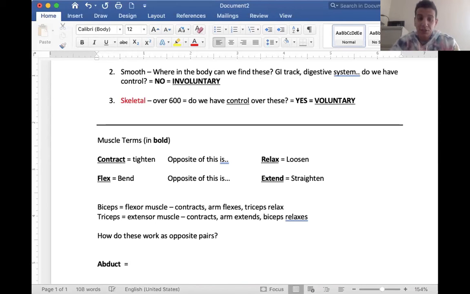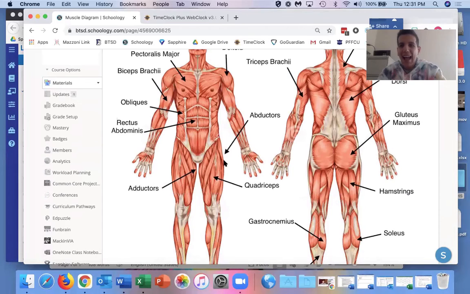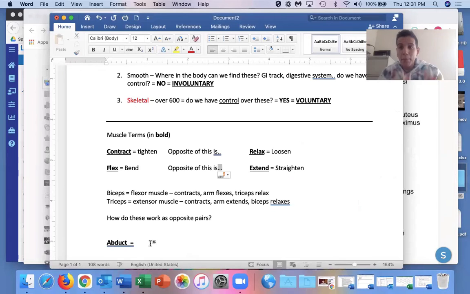Yeah, your abductors. Right here, your abductors are on the outside part of your leg. And the word abduct actually means you're moving something away from the center of the body, in layman's terms.